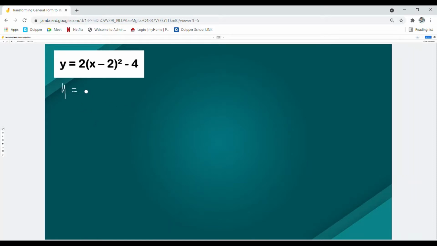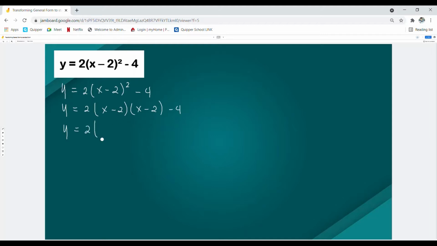y is equal to 2 times x minus 2 squared minus 4. You have to simplify the one inside. So that's the same as x minus 2 times x minus 2, then minus 4. Of course, you can do the FOIL method here so that you can write that as a trinomial.